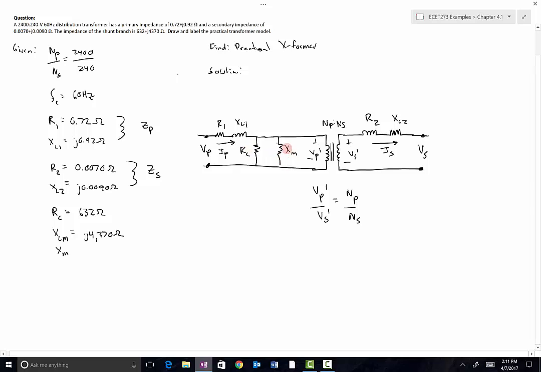In this class, we'll always ignore these quantities, and IP and IS are relatable via the inverse turns ratio. But in other examples or textbooks it's not necessarily the case, because they may be including the effects of RC and XM. Anyway, that's the practical transformer model. It always looks like this; what changes are the values.